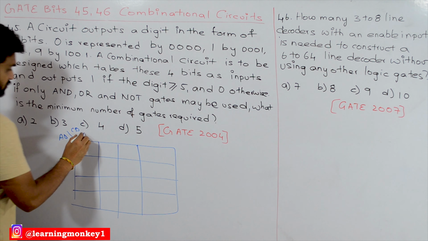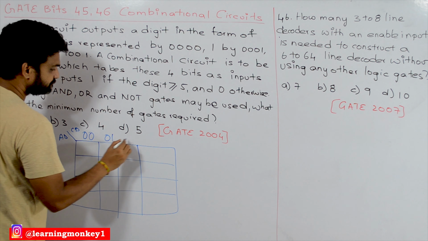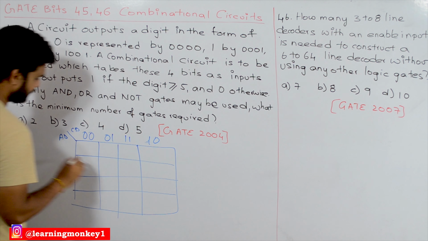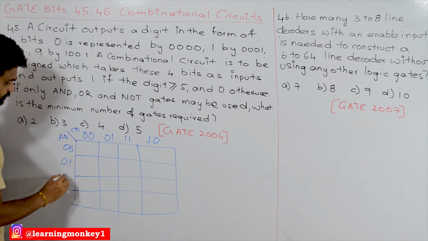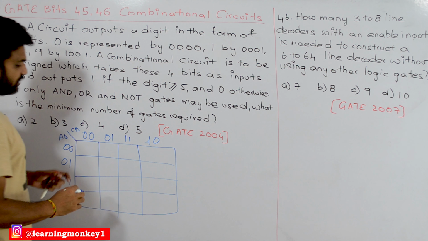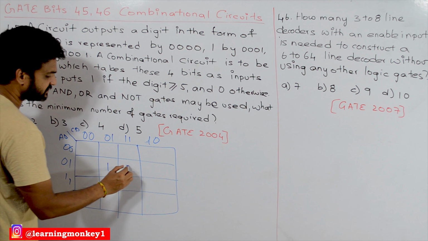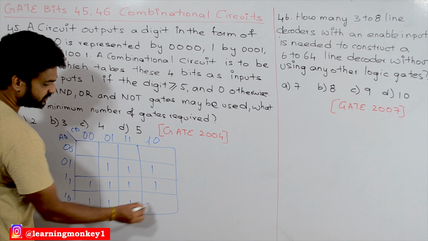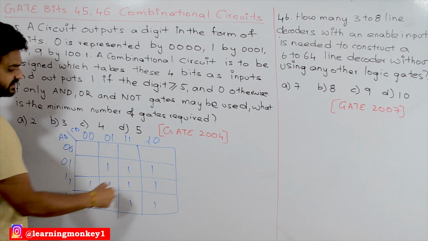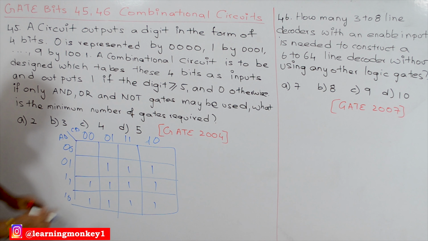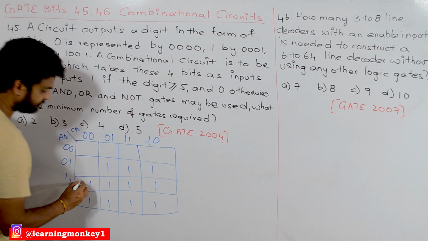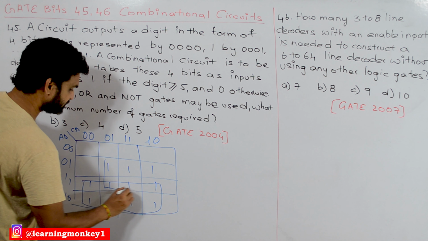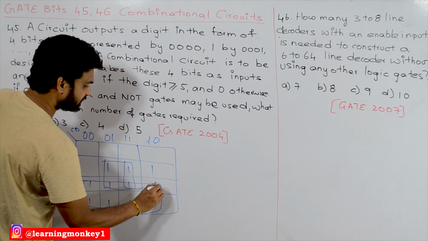So we have to minimize the problem. How is the minimization to be done? The output should be 1 if the number is greater than 5. So it is 5, 6, 7, 8, 9, 10, 11, 12, 13, 14, 15. So all the numbers are represented. Now we have to minimize it. This is one combination, this is another, and this is another combination.